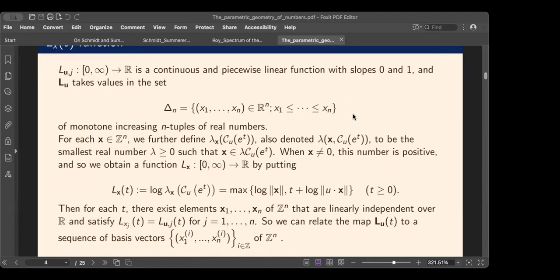Then for each t, we can use a basis of Z^n to fit the map L_u(t).